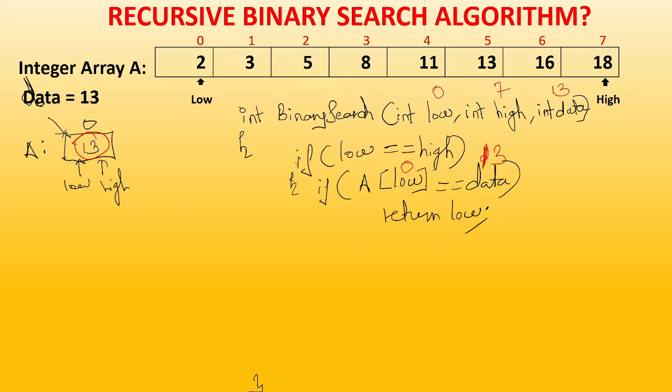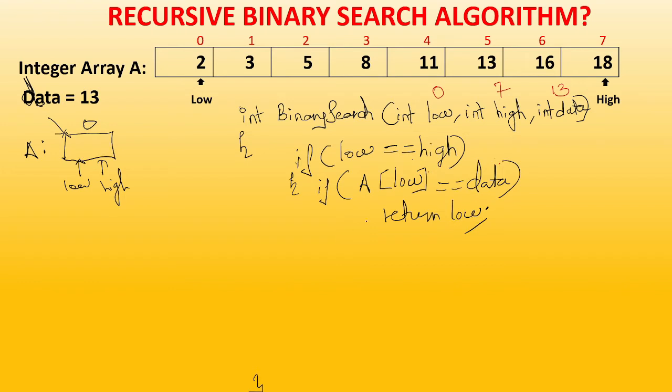So 13 is equal to 13. The values are matching, so you have to return the position where the value is. We have to return low as the answer because at the 0th position we got the data.